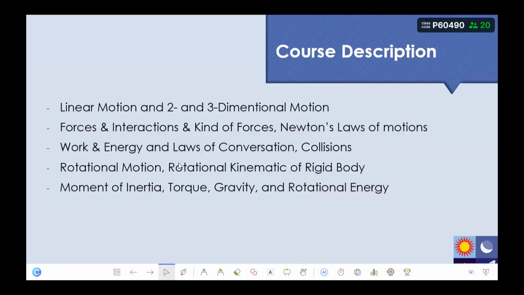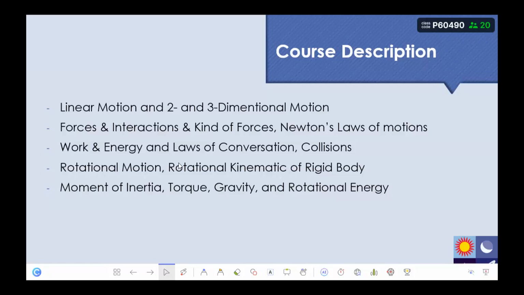So we start with the motion, kinematics, and then we talk about forces, interactions, different forms of forces, and Newton's laws of motion, which is going to be your second unit. And then we will talk about work, energy, the law of conservation, and also collisions.